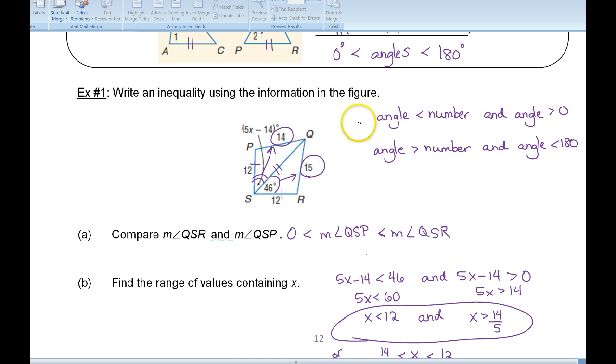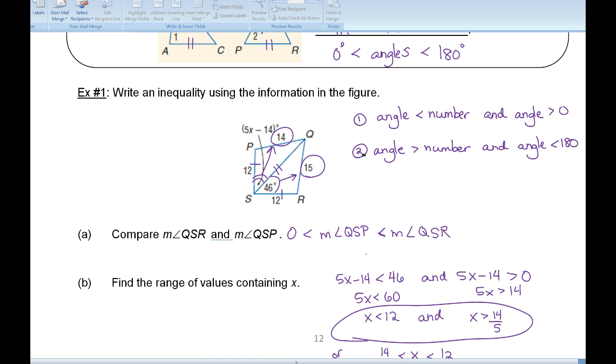These are like case 1, case 2. So we got a number here, right? An actual 46. That's when I say number, you know what I mean? Like you actually have the angle measure. So when the angle is less than the number, you want to make sure it's greater than 0. And if it's bigger than that number, you just have to make sure it's less than 180.